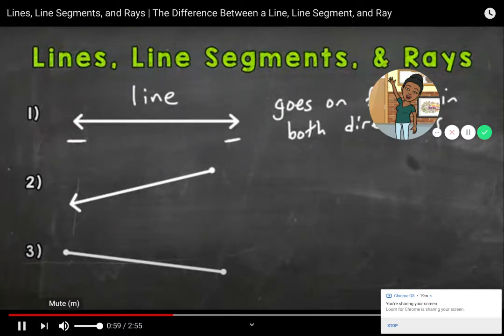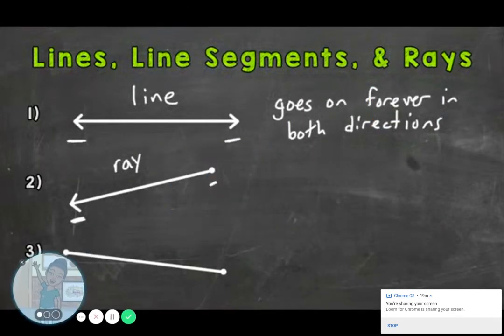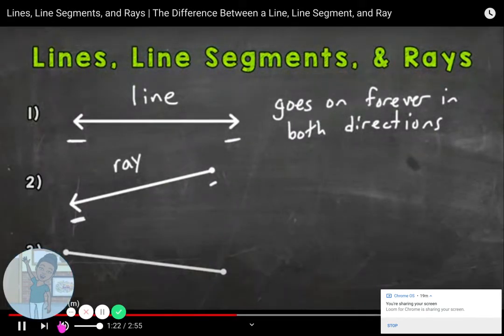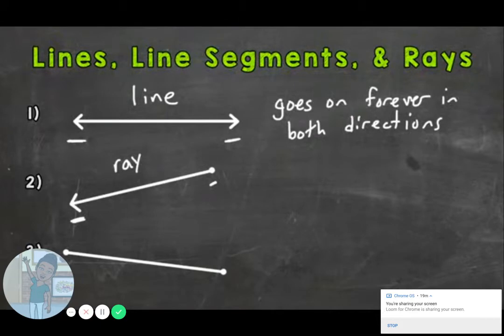Now, number two, we have a ray. So like we just talked about, this arrow here of the ray signifies that that part of the ray goes on forever. And this dot or point here signifies that that is an ending point. So a ray has a starting point and then goes on forever in the other direction.